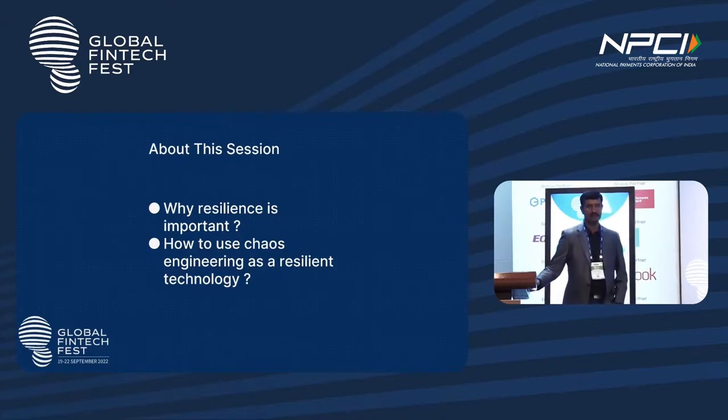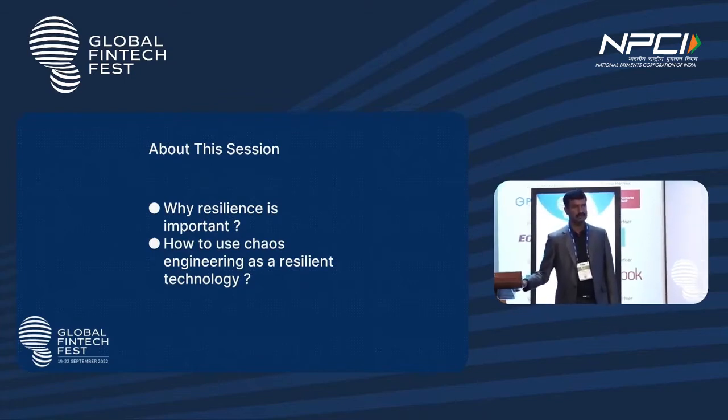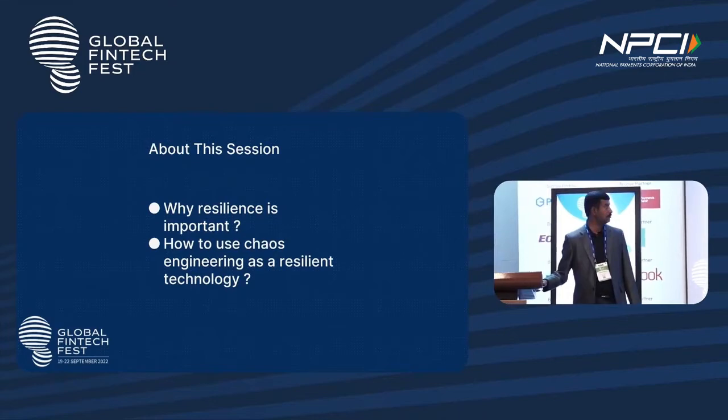So what are some of the things that you can do to increase the reliability of such business services, and what is a specific technology called chaos engineering? And before that, I will talk about why resilience is so important, and generally, what is resilience, reliability when it comes to business.